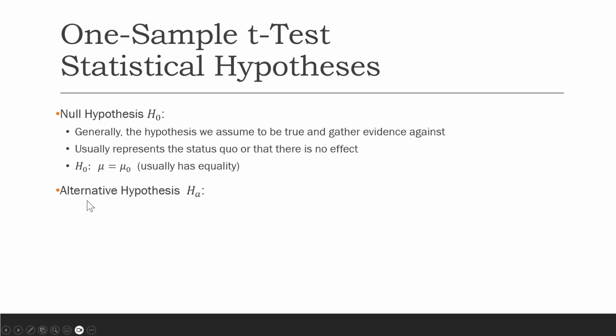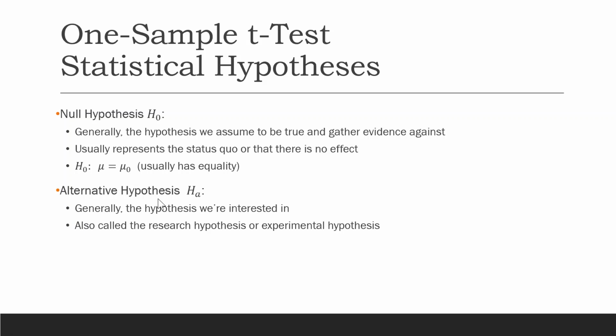Our alternative hypothesis is H with a subscript A once again. It is generally the hypothesis that we're interested in. Usually, we're not interested in the mean equaling a specific value. We're usually interested in that mean being greater than some value or less than some value, or something of that nature.